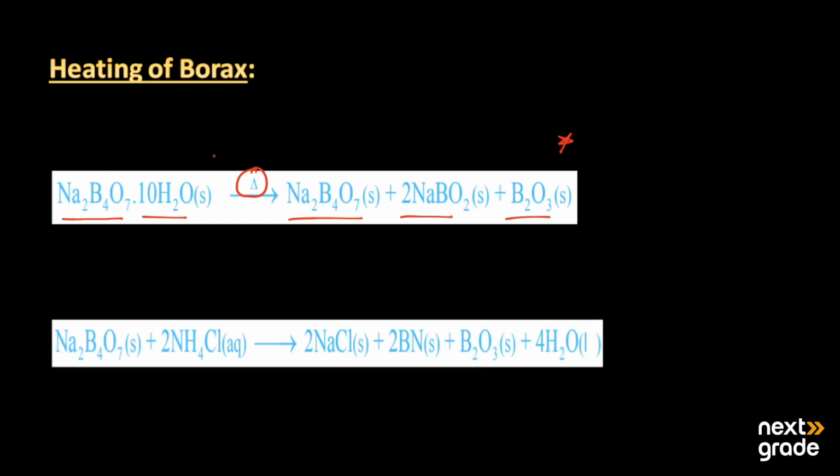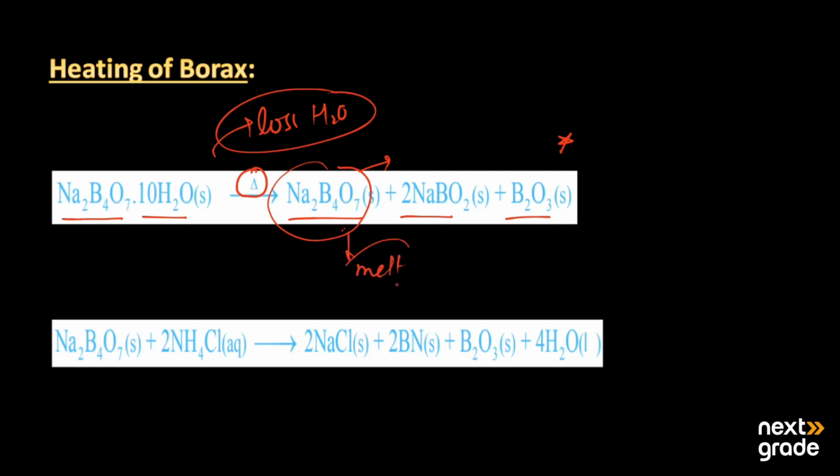It loses water upon heating and swells up into a white porous mass. This is due to the explosion of the water. Upon further heating, it starts to melt. So this is the effect of heating borax.